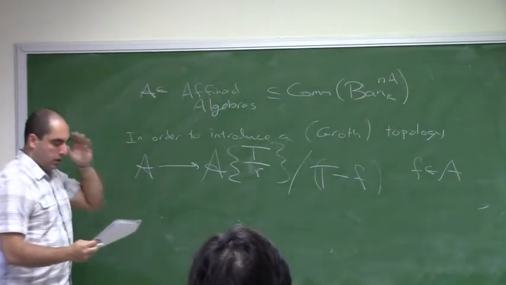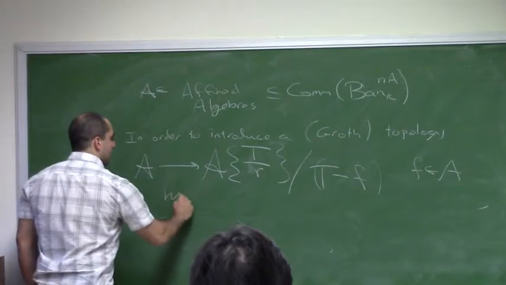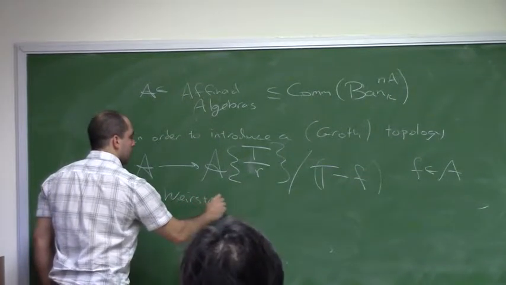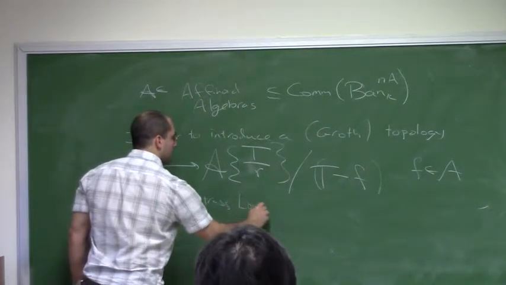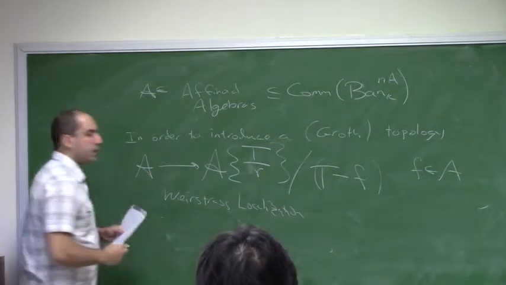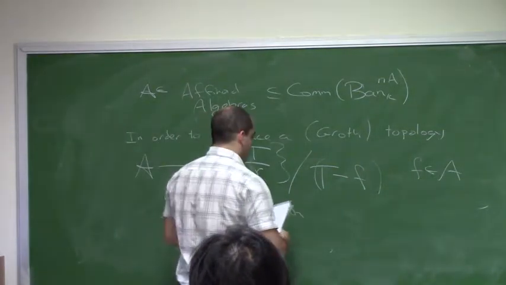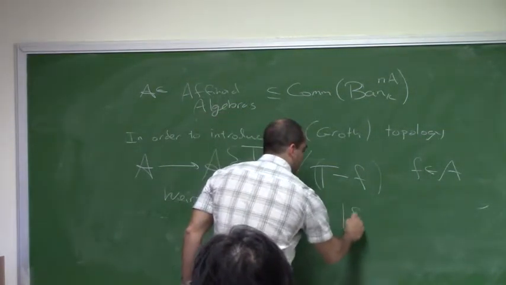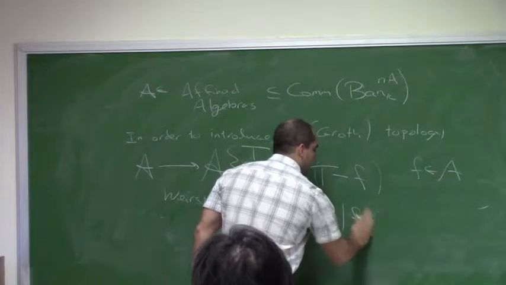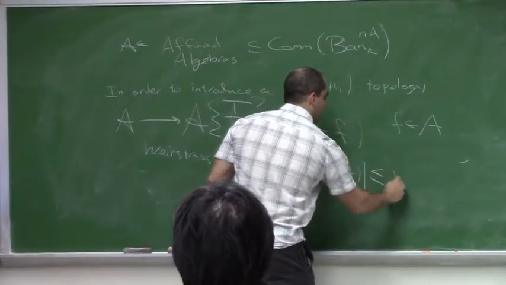Okay, so this is called Weierstrass localization. It's actually a dense morphism. And you should think of this geometrically as imposing this condition. So you're looking at points x so that f of x is less than or equal to r.